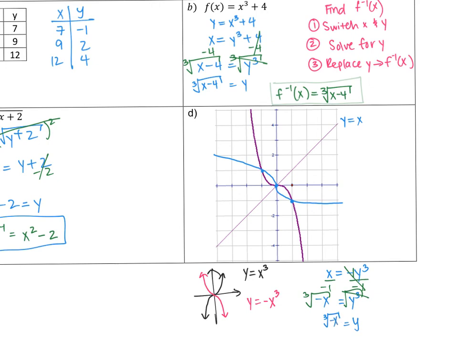Now, some people are going to see the negative sign and think, oh no, there's a negative under a root. But actually, this is okay because this is a cube root. Cube roots will take negative numbers. Any odd root will take a negative number. If you have a square root, that's not good. It won't like negative numbers, and the reason is that anytime you square something, you should always have a positive number.